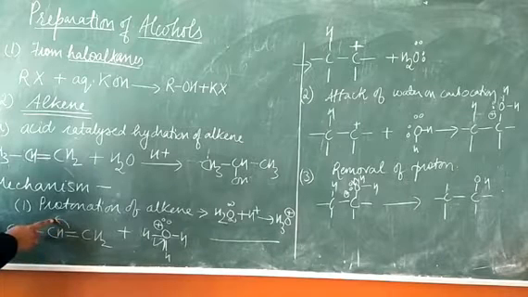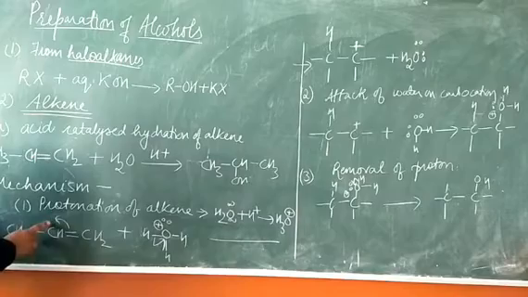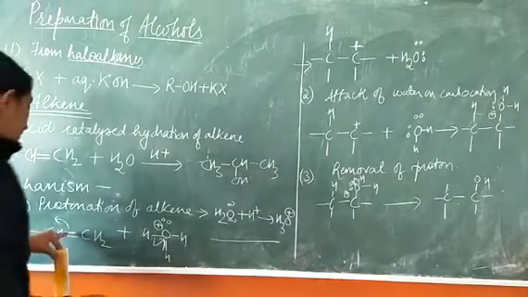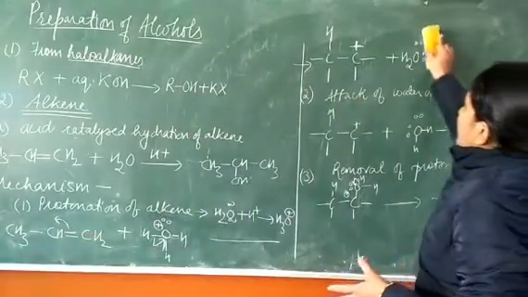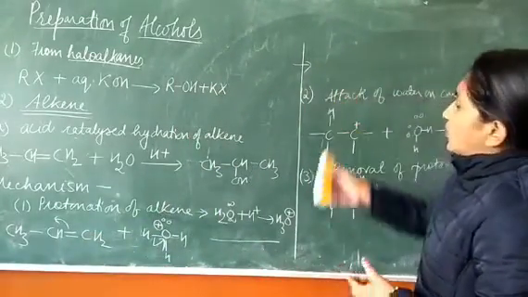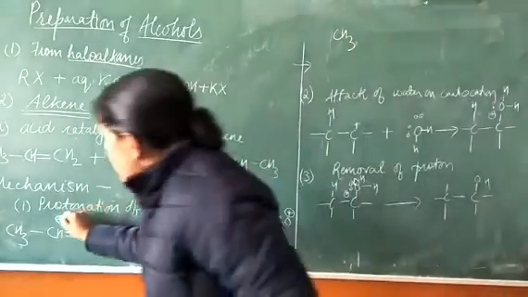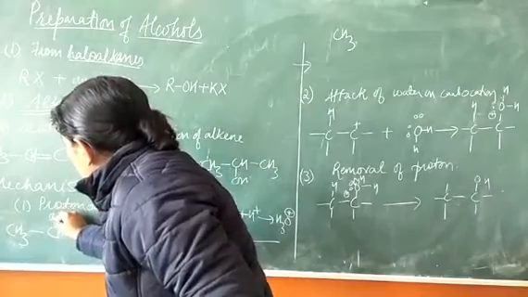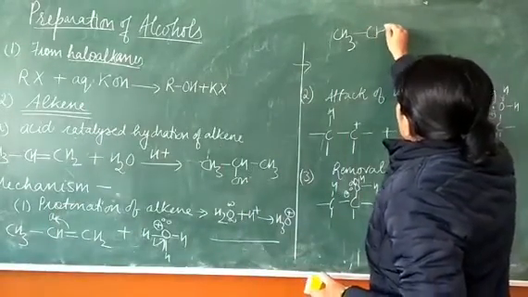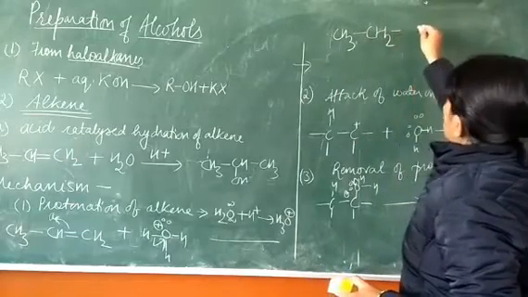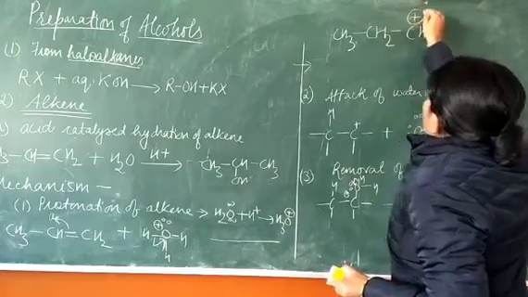So if this pi bond is being pulled by this carbon atom, if it goes this side, it will get positive here, it will get the negative, right, and H will get bonded to it. So in that case, we are going to get two carbocations, right? So this is the first case, the arrow mark, let it be A here. So it is CH3, CH2, double bond is no more remaining, CH2, this is CH2 and I will get a carbocation here.